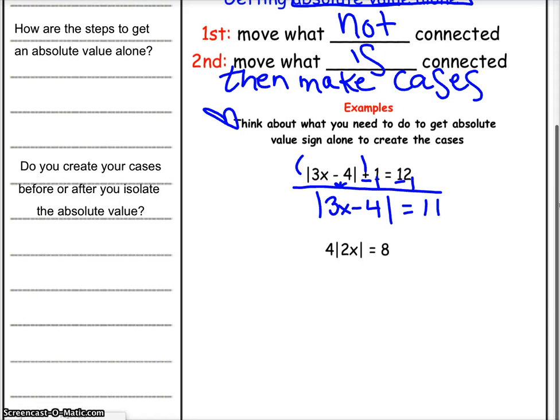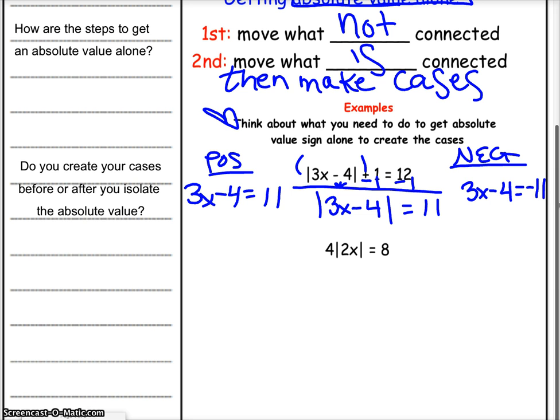I can make my cases. Here's how I make my cases. I make my positive case, 3x minus 4 equals 11. And I make my negative case, 3x minus 4 equals negative 11.